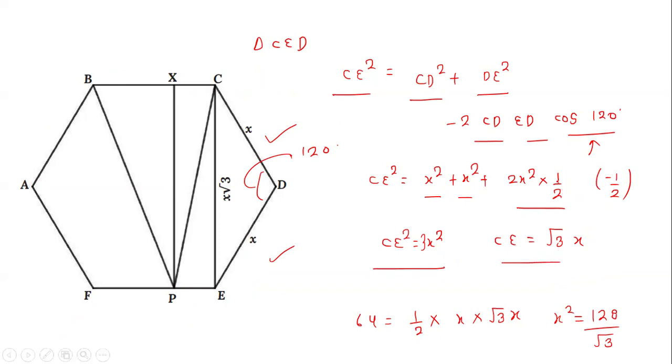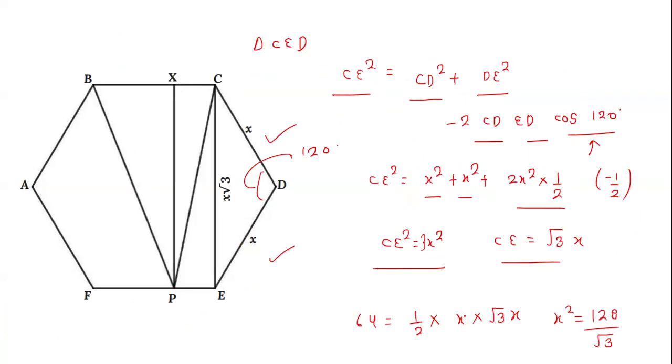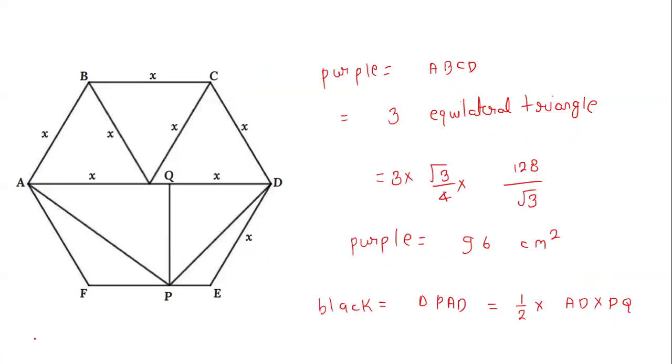So now you can put the value of this PX length as equal to the CE length, which is root 3x, and this BC is equal to x because this is the side of the hexagon. You can put the values here, and from here you can find out the value of x square, and it will come as 128 divided by root 3. So you got the value of x square.